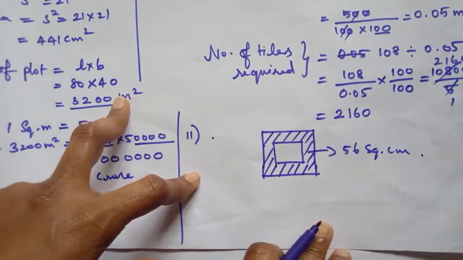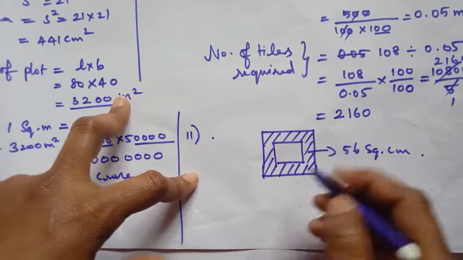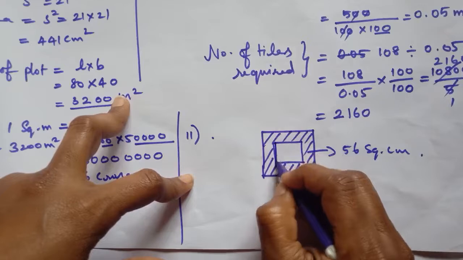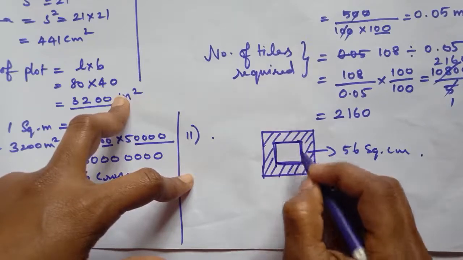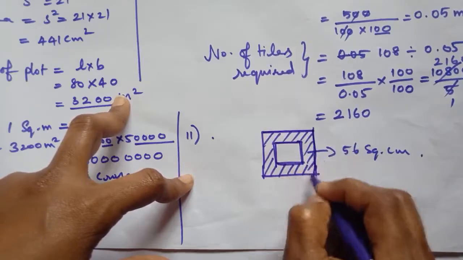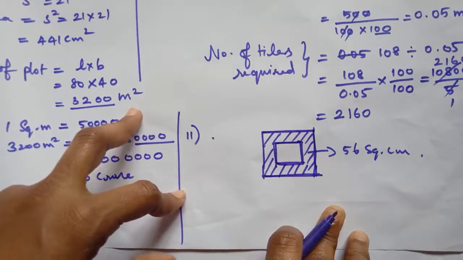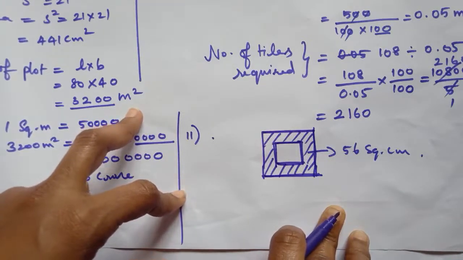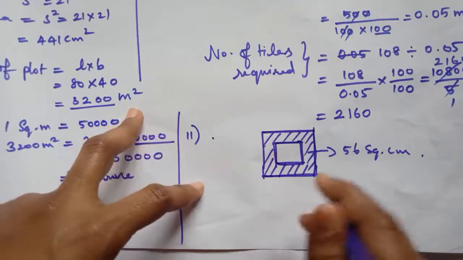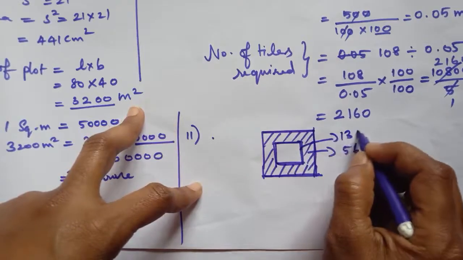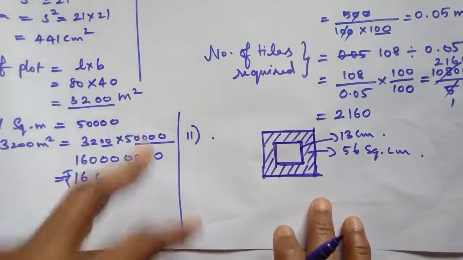So what is the side length of the larger square? Here, this is the smaller square, and this is the larger square. We have to find the side length of the larger square, if the side length of the small square is 13 centimeter, so this is 13 centimeter. So how do you find it?